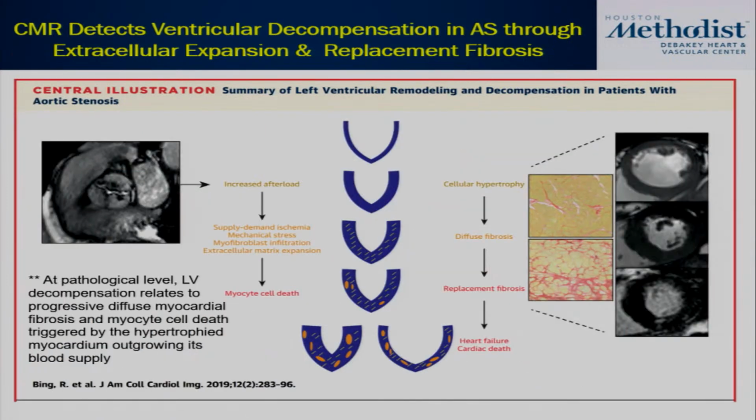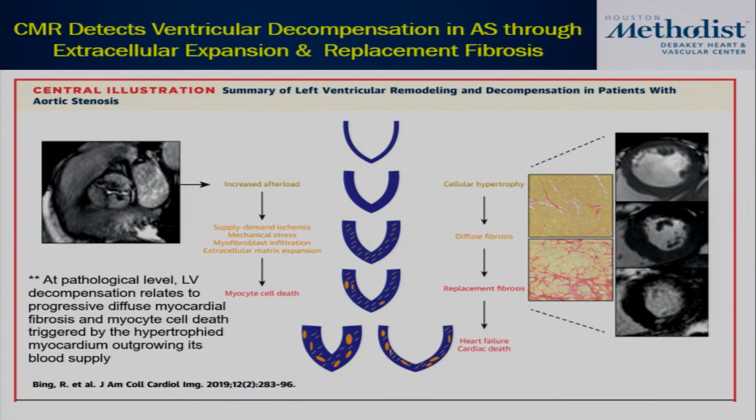So now what we've learned about this technique and disease state is summarized in this slide. You have a healthy valve and myocardium. Then you have a very tight valve, a very high afterload. The muscle thickens, according to Laplace's law, to decrease wall stress. But it can only do that for so much time.